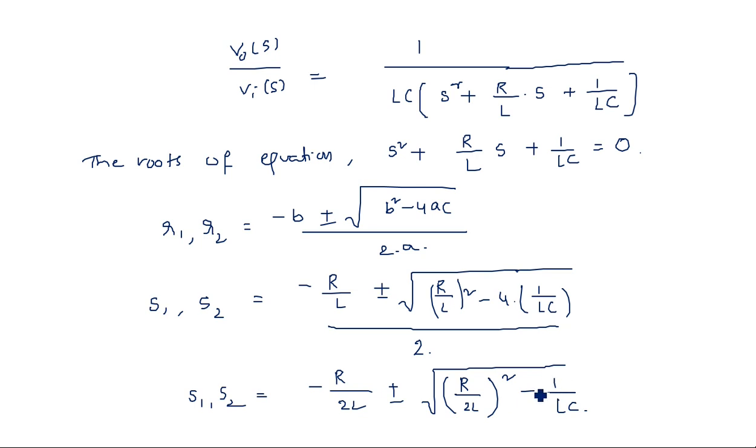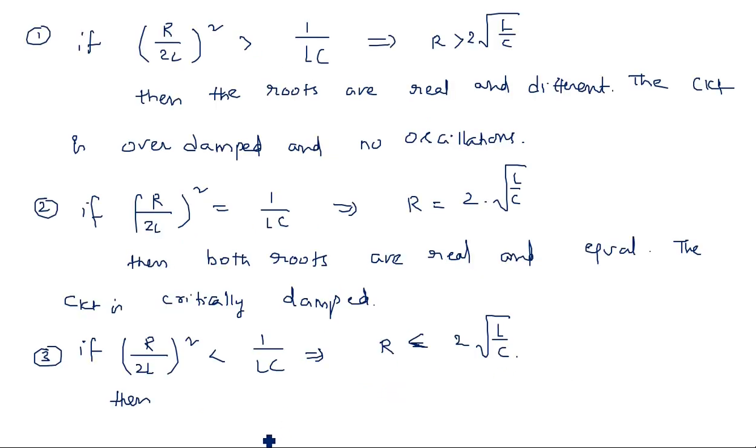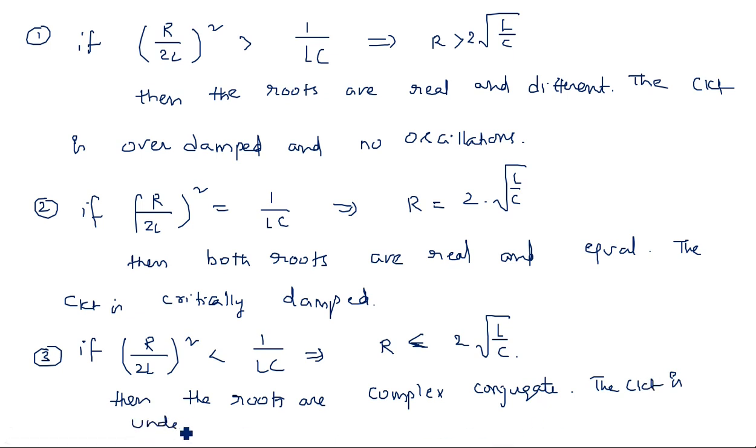The roots are complex conjugate, or we can say imaginary roots. Then the circuit is underdamped and there will be oscillations in the output.